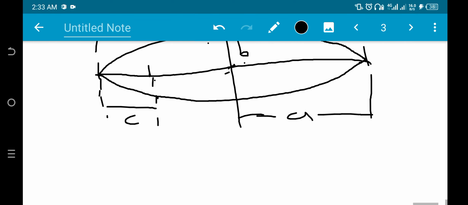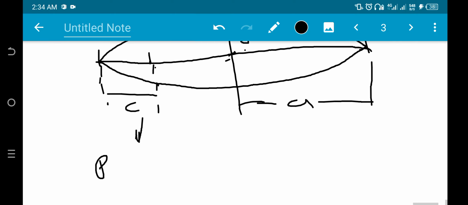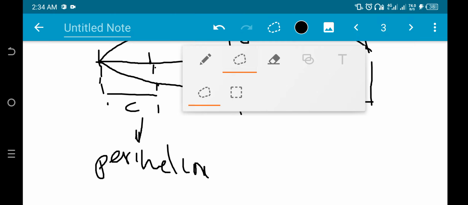We can see that this distance is perihelion, and just a quick correction.